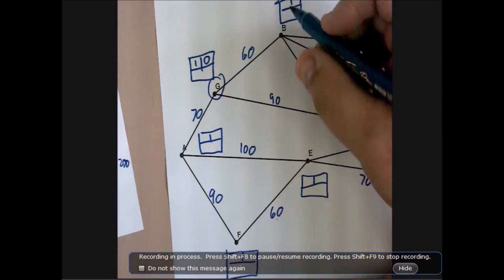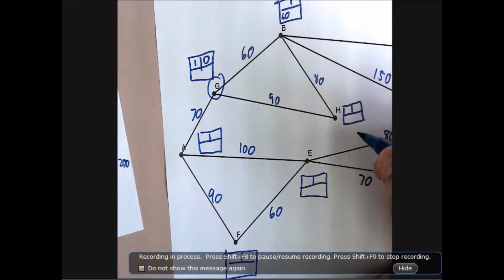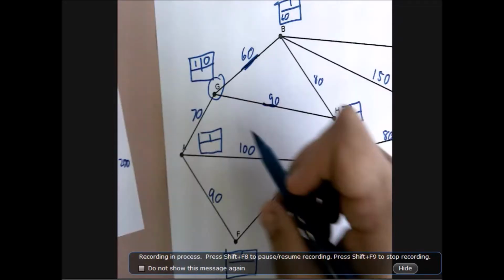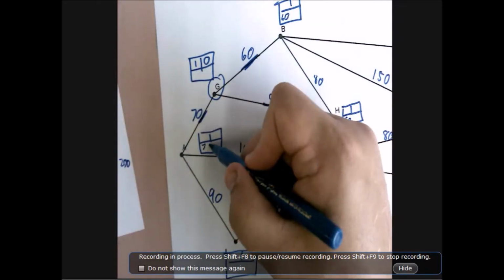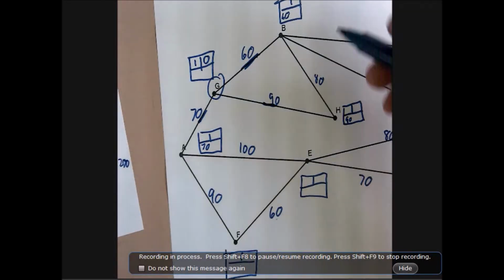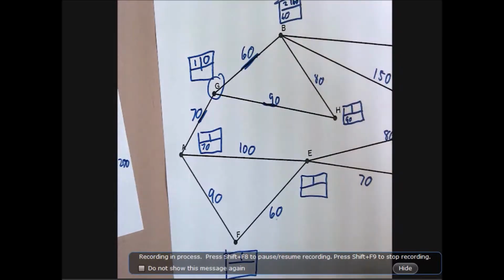Going clockwise, B will be 60, H will be 90, A will be 70. The shortest of these is B, so B will be stop 2, final distance of 60.